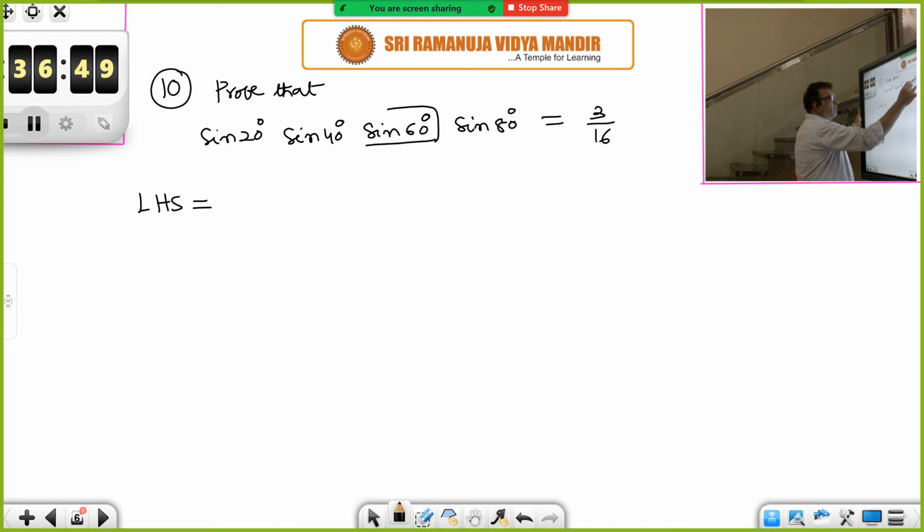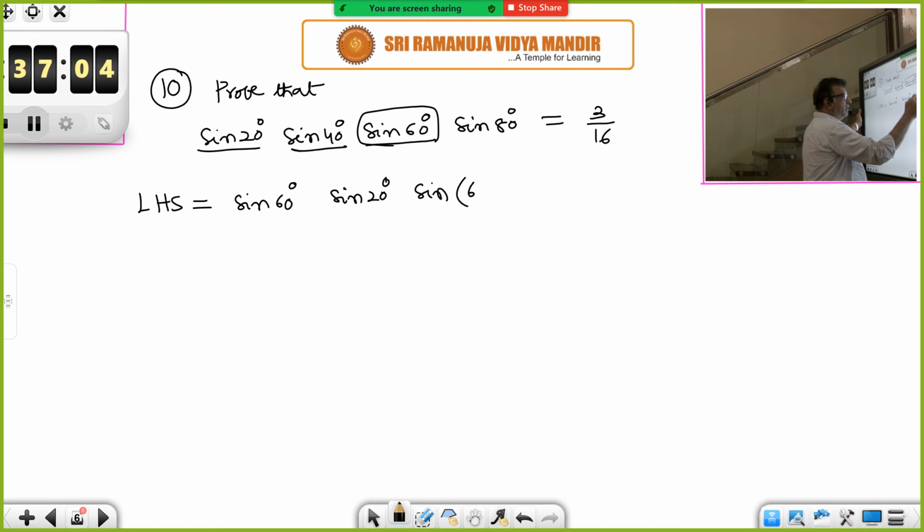The known value sine 60 degrees we'll write in the beginning. Then sine 20, that is sin A. Sine 40 can be written as what? 60 minus 20, sir. How do you write sine 80? 60 plus 20, sir.